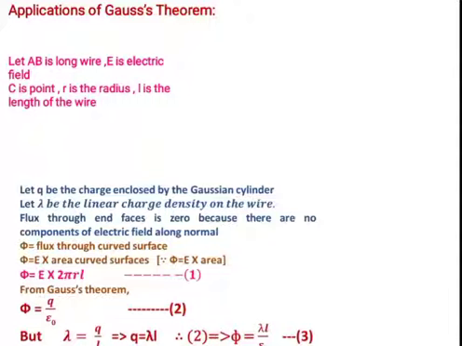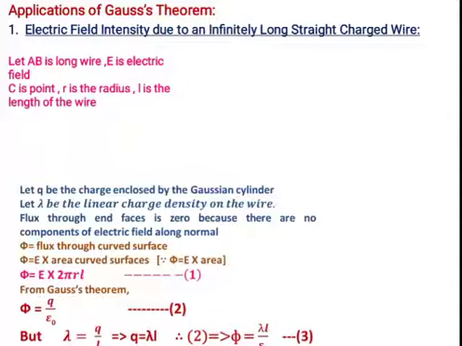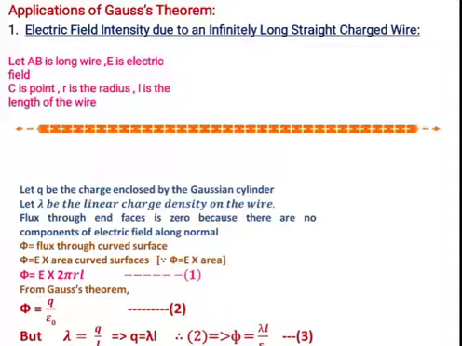Now, first application: electric field intensity due to an infinitely long straight charged wire. Consider a long straight wire. This end is minus infinity and this is plus infinity, meaning we can extend it up to an infinite range at both ends.